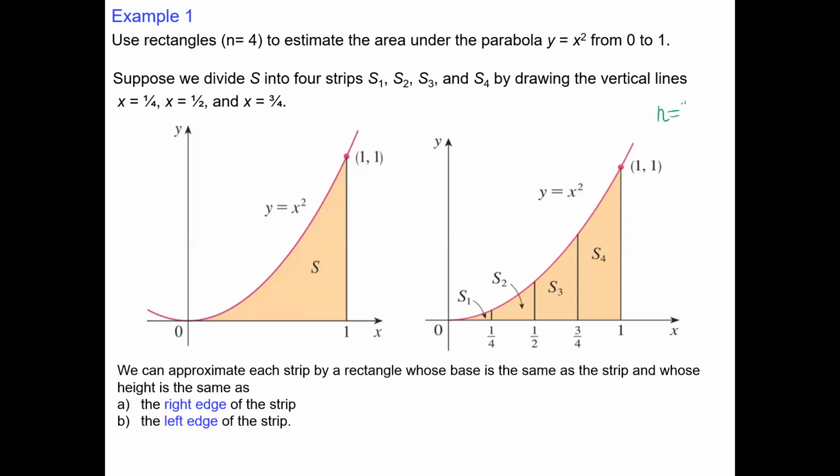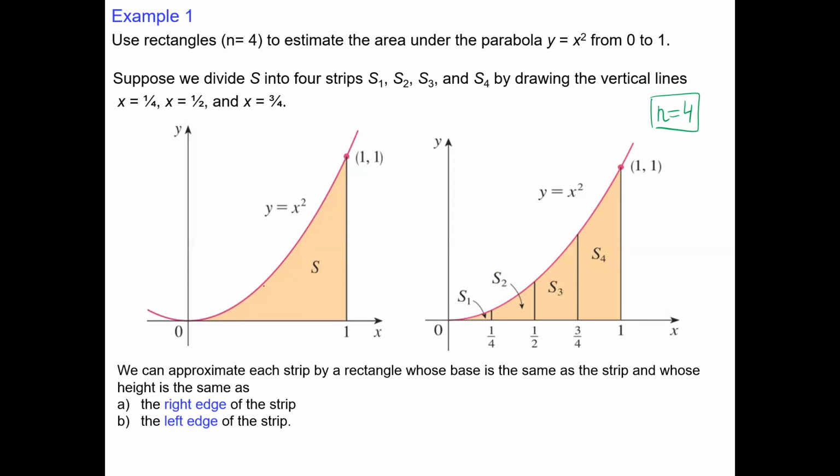That means n is 4. I divided equally because that's what we will do. The interval from 0 to 1, I divided by 4. That means it will be 1/4, 1/4, 1/4, another 1/4, of course, 4 quarters. That's when I'm drawing these vertical lines, creating these stripes.